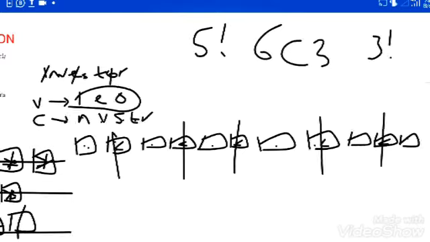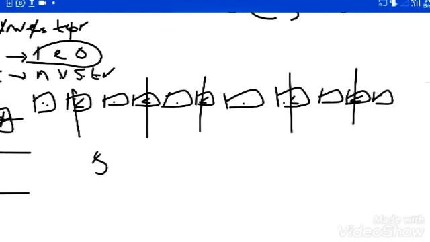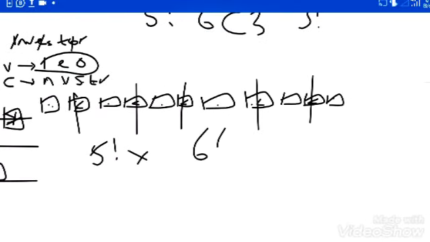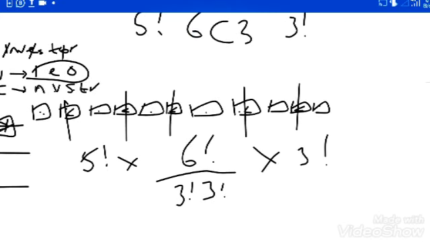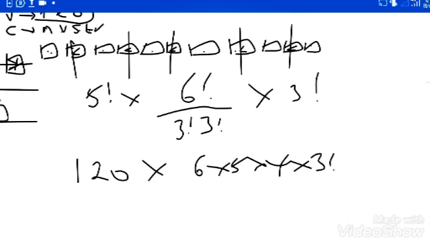So let's resolve this. We have 5 factorial times 6 combination 3, that's going to be 6 factorial over 6 minus 3, that's 3 factorial, times 3 factorial here. When we resolve this, 5 factorial is 5 times 4 times 3 times 2 times 1, that will give us 120. 6 factorial will be 6 times 5 times 4 times 3 factorial all over 3 factorial times 3 factorial.